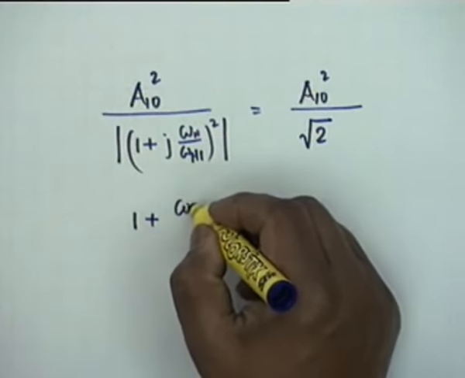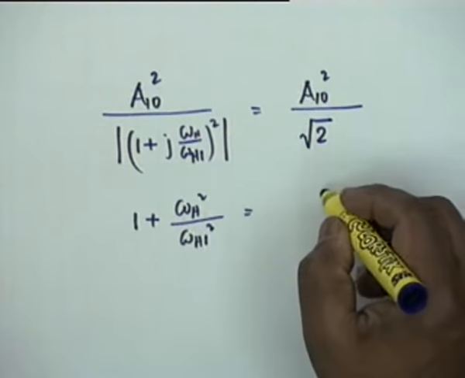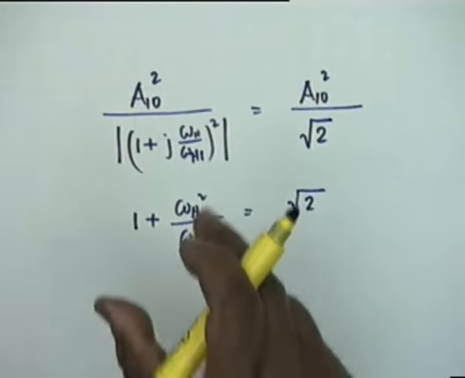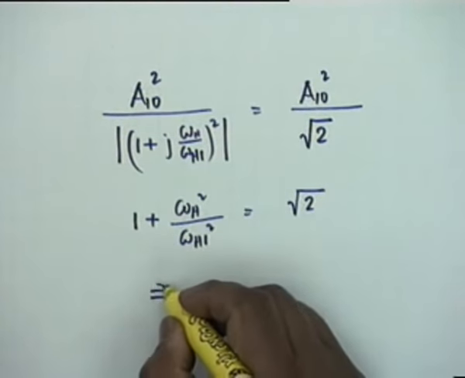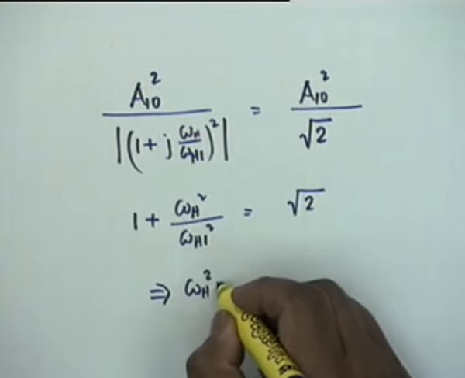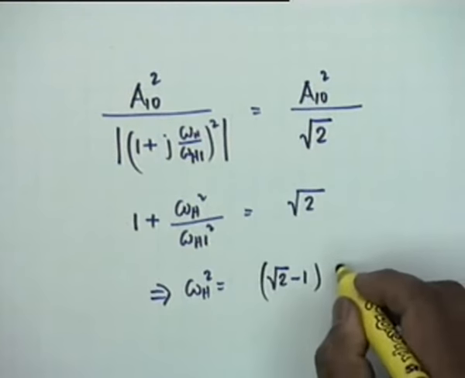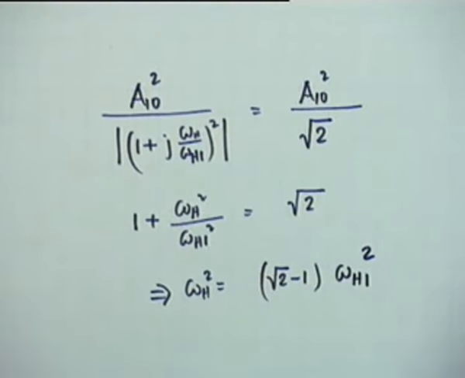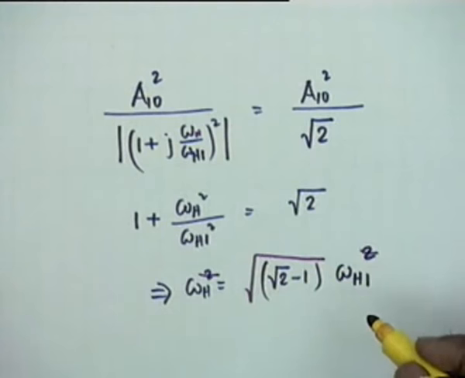1 plus omega H squared divided by omega H1 squared equals root 2. If I take this square and then take the magnitude, it will be the same thing. From this you get omega H squared as equal to root 2 minus 1 times omega H1 squared, or if I take the square root of both sides, I shall get this.